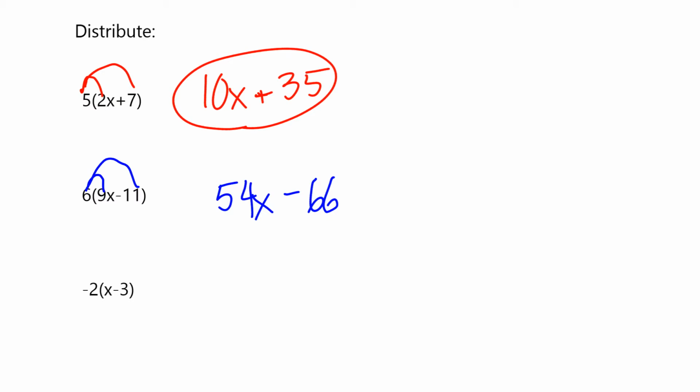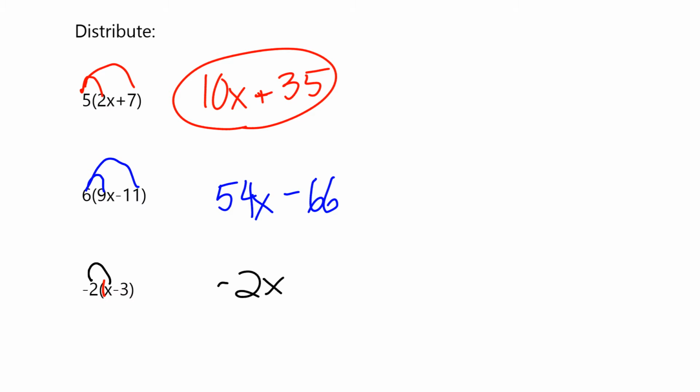In the third example, we want to distribute negative 2 into the parentheses. Negative 2 times x is just negative 2x. There's no other way you can write that. If you are confused by that step, try imagining a 1 in front of the x.